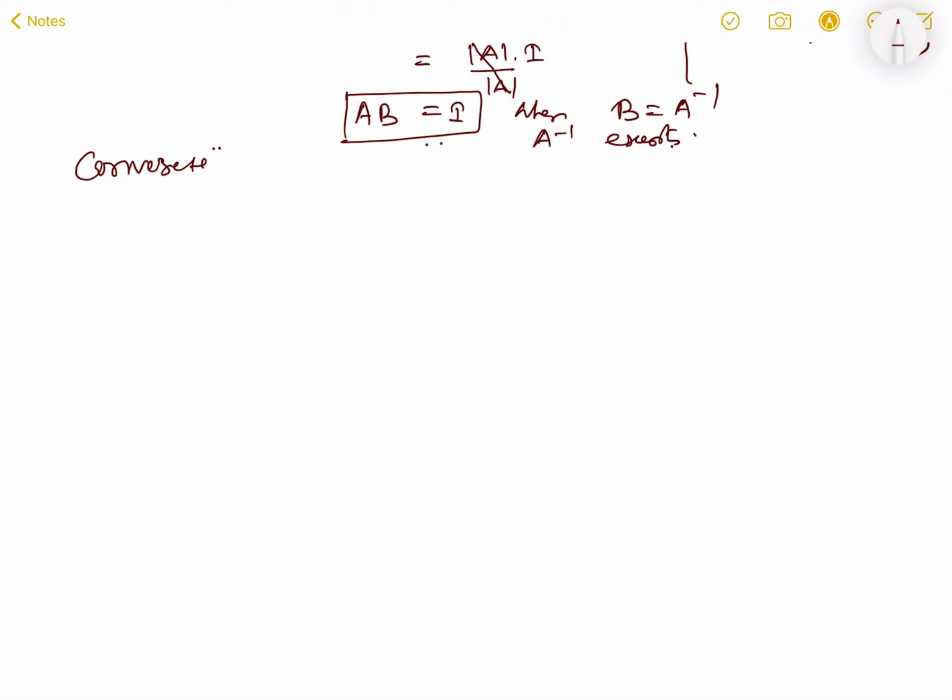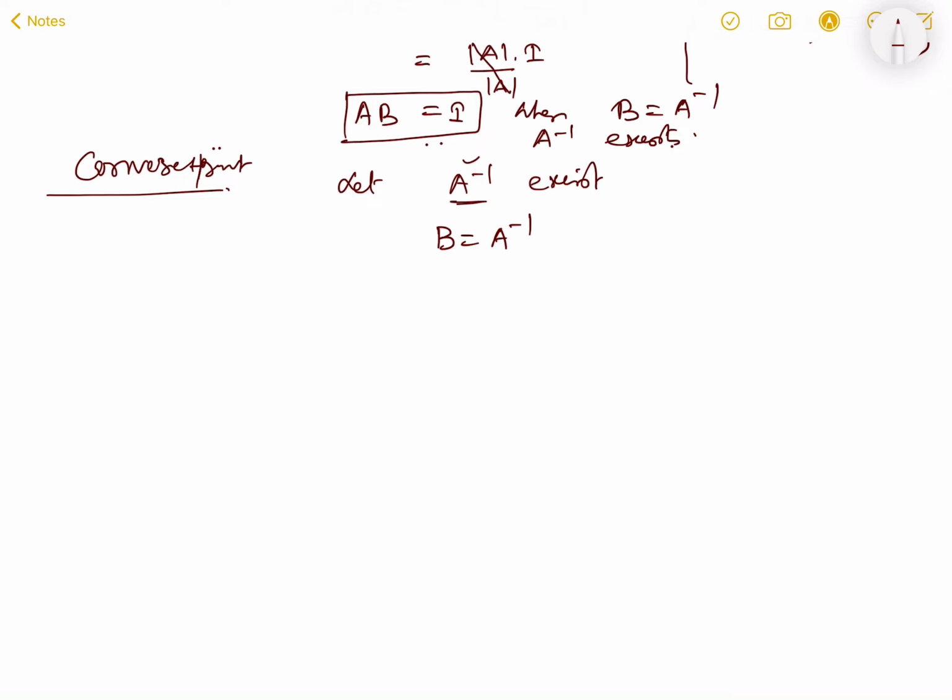The converse part is, let A inverse exist, and we have to show that A is non-singular. Then A inverse exists such that B is equal to A inverse.